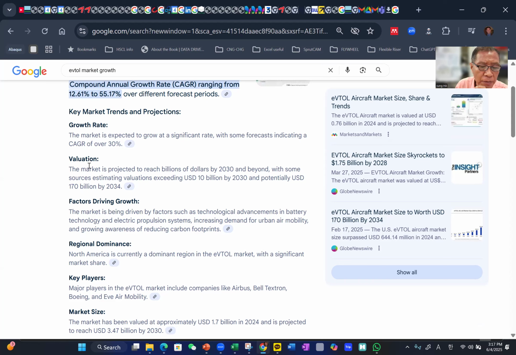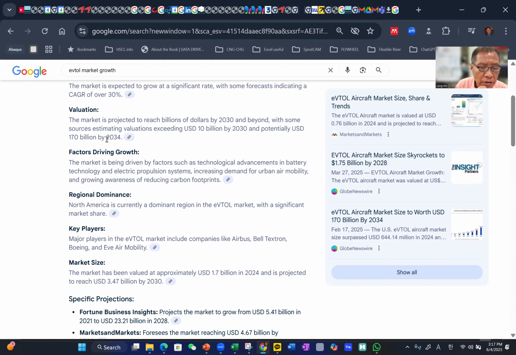The market is expected to grow at a very significant rate, with some forecasts indicating a CAGR over 30%, which is huge growth. And the valuation by 2034, for the next 9 years, I would say is $170 billion, which is a huge number.